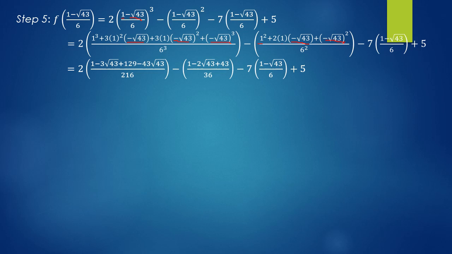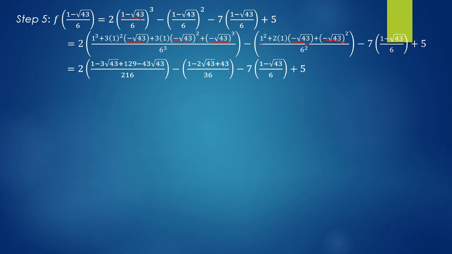And then the cube of negative square root of 43 will be negative 43 square root of 43, because we get 43, the square root of 43 squared, times square root of 43. The square root of 43 squared is just 43, and then multiply by square root of 43. And then, of course, 6 cubed is 216.